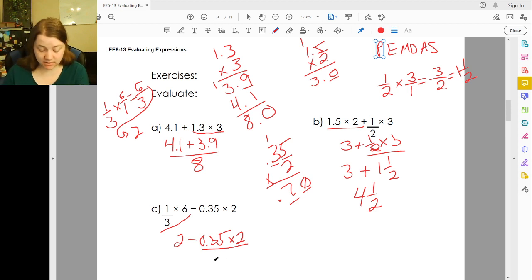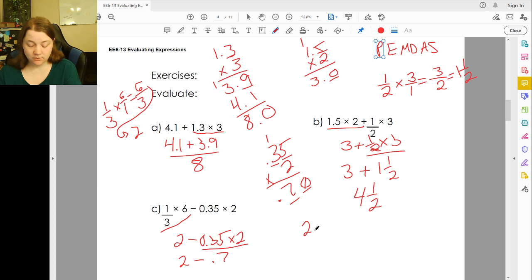So this becomes 0.7, or 7/10. What is 2 minus 7/10? Well, 2.0 minus 0.7, make sure you line up the decimal point. 0 minus 7, can't do that, so I have to borrow from the 2. 10 minus 7 is 3, so I get 1 3/10.